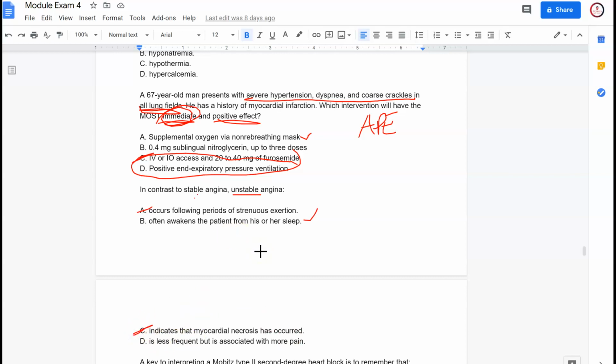Is less frequent, but is associated with more pain. No, not necessarily. Unstable angina is not associated with strenuous exertion. It is, and it just lasts longer. It no longer follows that predictable pattern that stable angina follows. So your best answer here is awakening the patient from sleep.